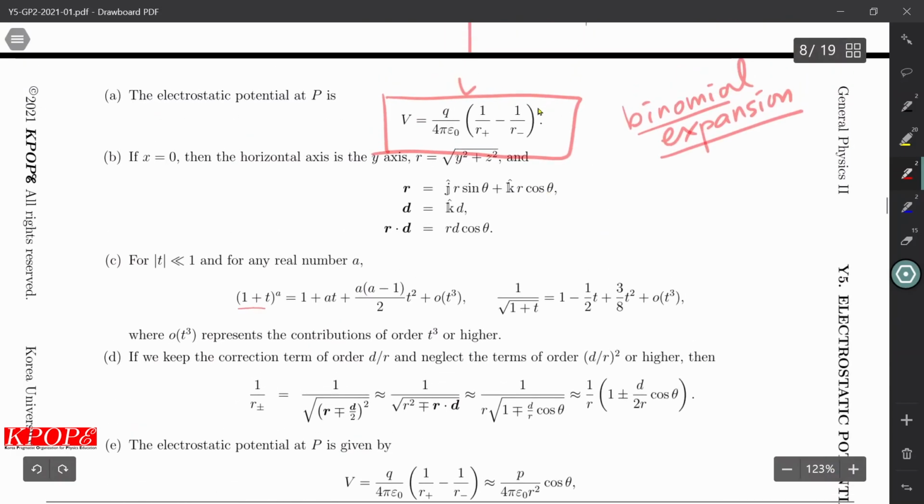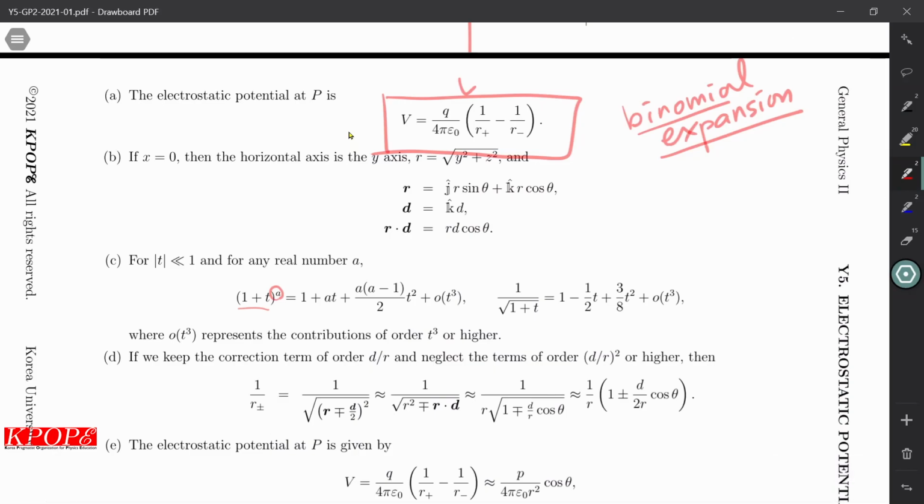Then 1 plus t to the power a. A can be any real number as long as the absolute value of t is smaller than 1. The expansion converges very fast if t is very small. However, it doesn't matter as long as the absolute value is less than 1.